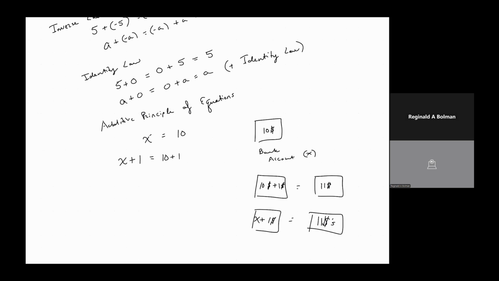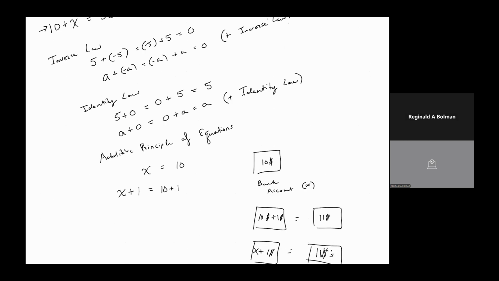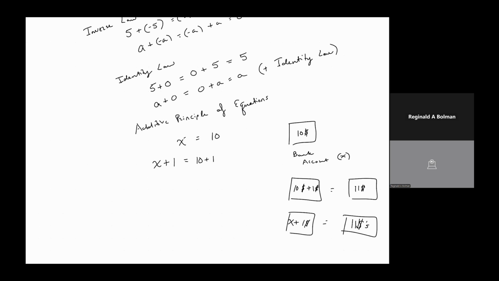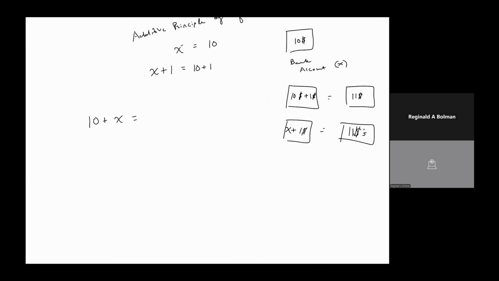If we take the additive principle of equations, the identity law, as well as the inverse law, then what we can do is something very special. When you've got an equation like 10 plus x is equal to 30, and I want to, say, find out what my unknown number happens to be, obviously our unknown number has to be 20, right?